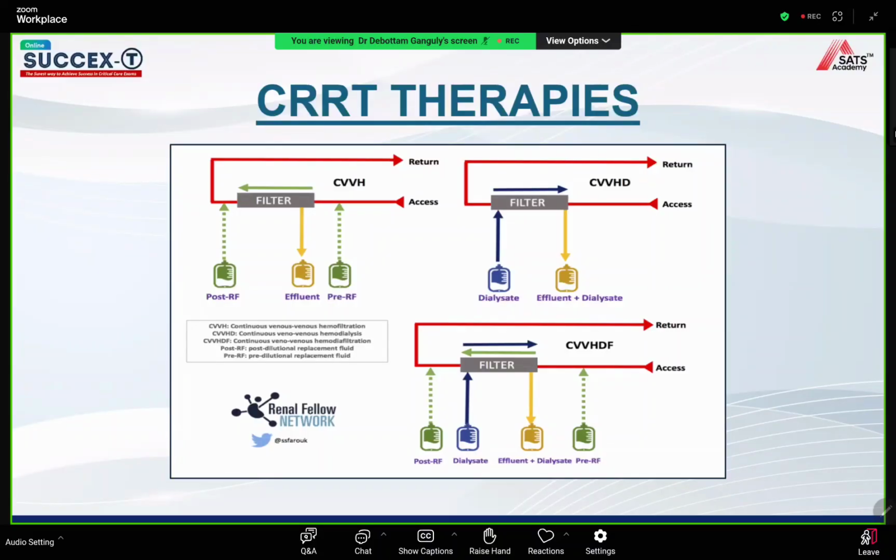So in CVVHD, continuous veno-venous hemodialysis, there is a dialysate. Earlier, as I told, in SCUF the effluent only contains fluid. But in this case, effluent means effluent plus dialysate.